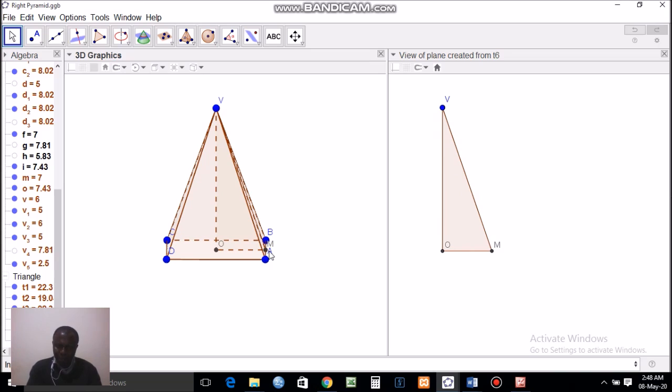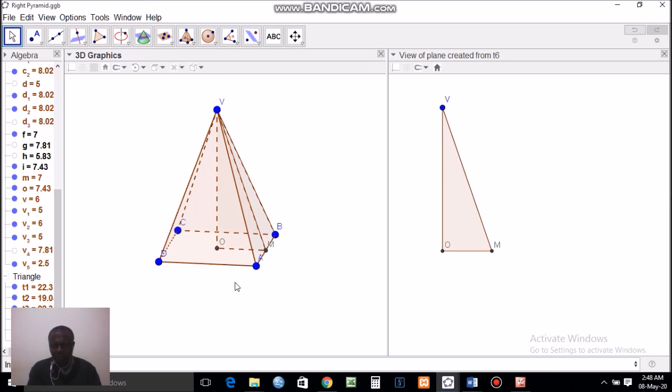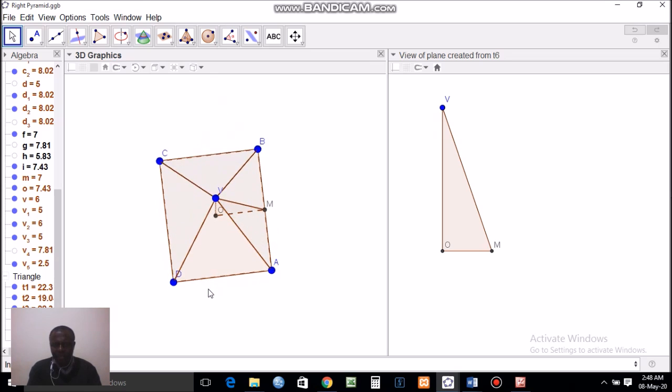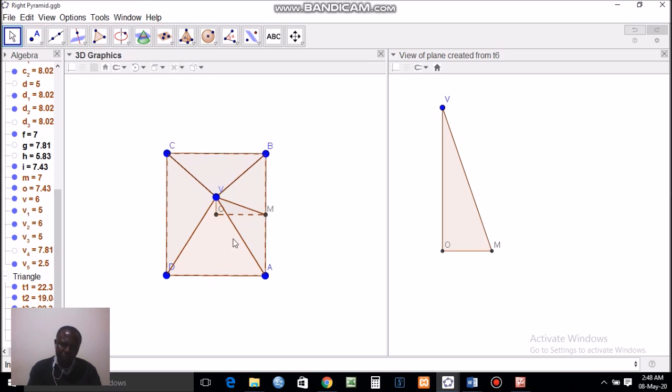Now, O is the center, the midpoint of the base. And so, what is the length of MO? We know AD is 5, and clearly MO will be a half of 5, because AD is 5, and therefore all the way from M through to the other side is also 5.